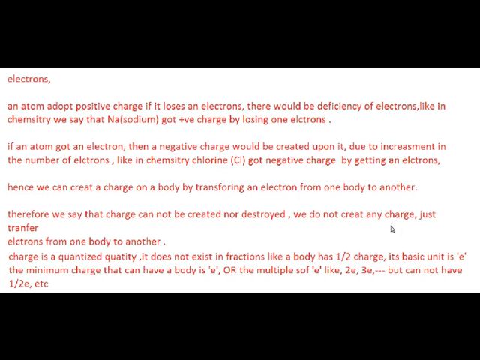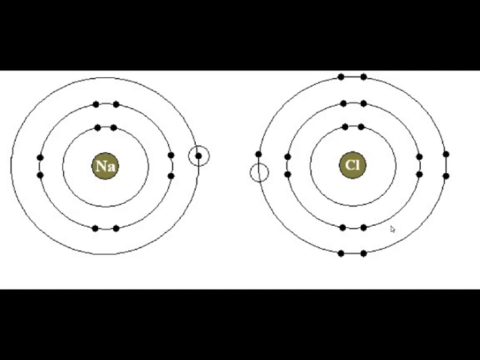If we consider sodium here, the number of negative charges in sodium, which are 11, is equal to the number of positive charges, protons, which are 11 at the center.